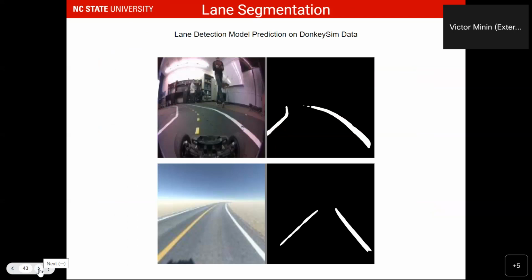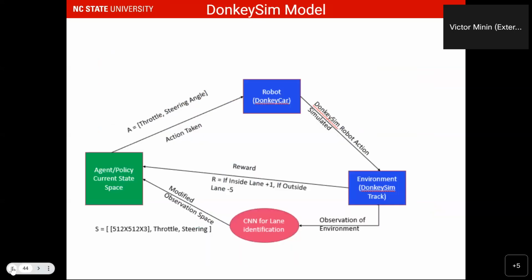I couldn't get around to slapping it on top of the RL model in the Donkey Sim, but I hope next semester's team could. I just wanted to make sure that it could extrapolate and be useful in the Donkey Sim simulator, which it looks like it does, and it gives realistic results.